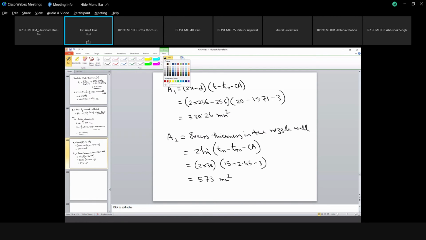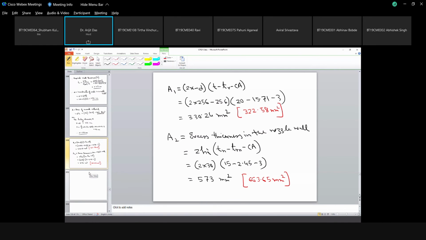Okay, for odd roll number, it will be 663.65 millimeter square. For odd roll number, A1 will be 322.58 square.